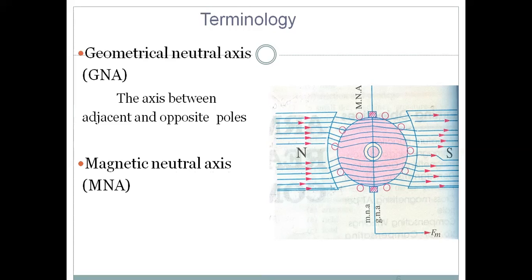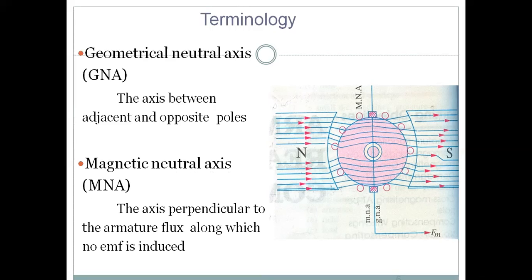There is another important term, MNA, called the magnetic neutral axis. The magnetic neutral axis is simply the axis perpendicular to the armature flux along which no EMF is induced.